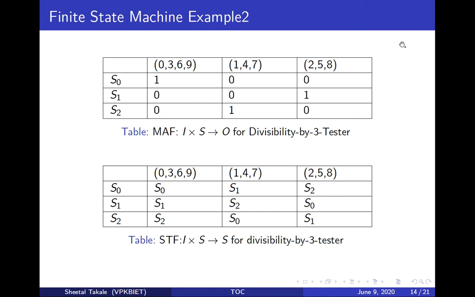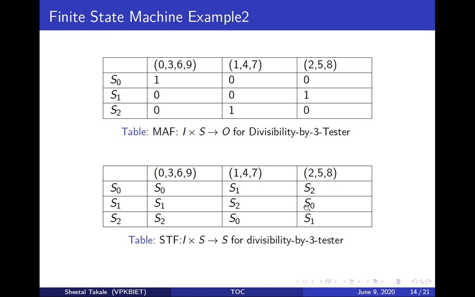For the first digit 1, the remainder will be 1. And when 2 comes, the state is S1 and the present number is 2. Now 12 becomes divisible by 3, so the outcome is 1.